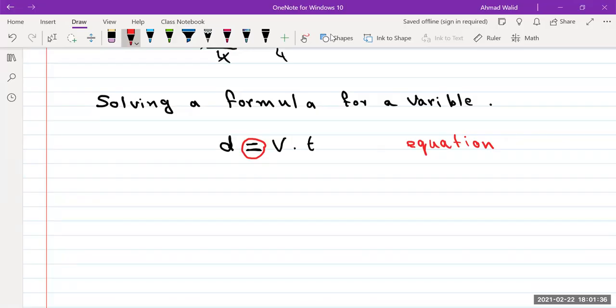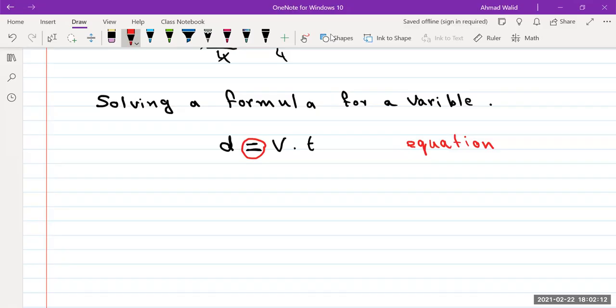If a formula is an equation, it means I can apply the properties of the equation which I discussed, I think, in section 1.1. The addition property, the subtraction property, the multiplication property, and the division property of an equation I can apply on a formula. Then, if I know this much, solving a formula for a specified variable is not difficult.